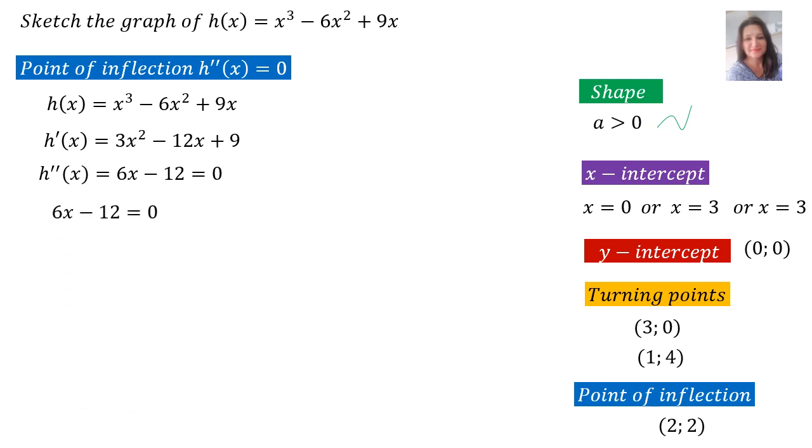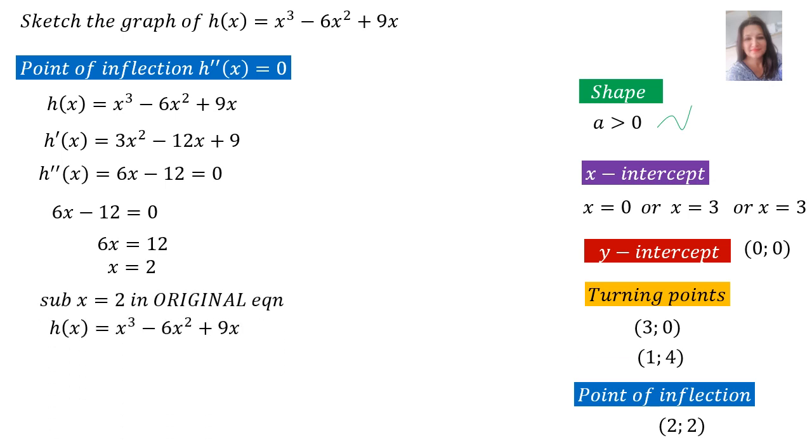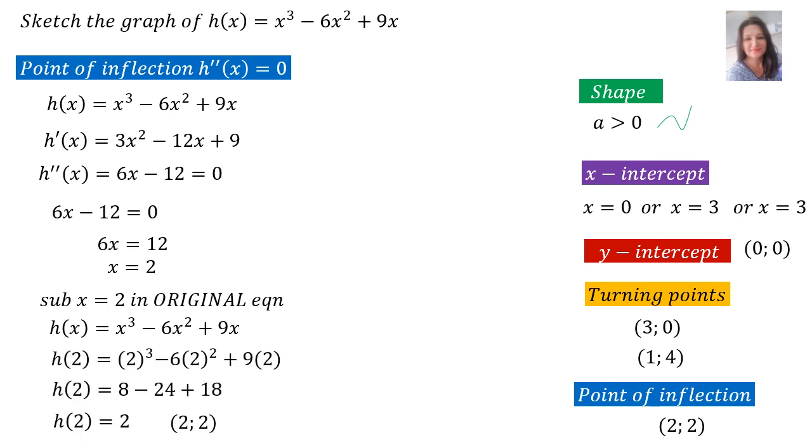And we solve x, 6x minus 12 is 0, 6x is 12, x is equal to 2. That's the x coordinate for the point of inflection. Every x has an original y value, so into the original equation we substitute x is equal to 2 and our coordinate will be the point 2, 2.